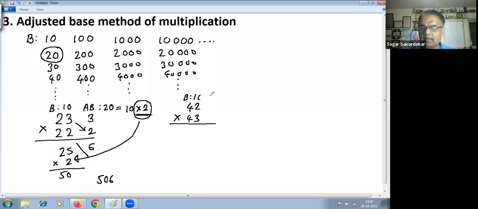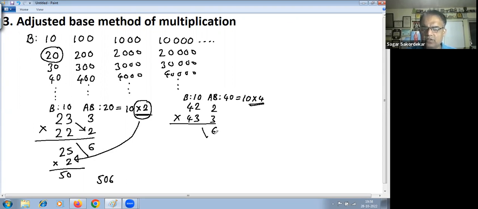The base here again is 10. The adjusted base will be 40. Both these numbers are very near to 40, a multiple of 10. The relation with the main base is very clear: 10 into 4, multiplied by 4. Find the difference with this adjusted base. 42 minus 40 is 2. 43 minus 40 is 3. 2 into 3 is 6.